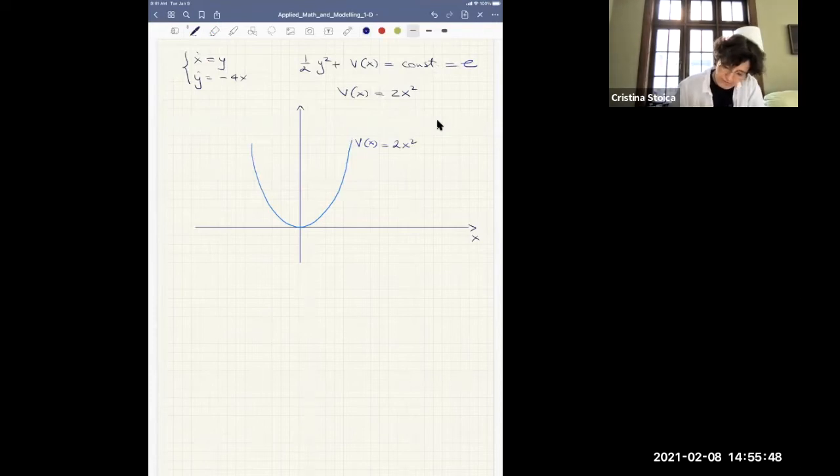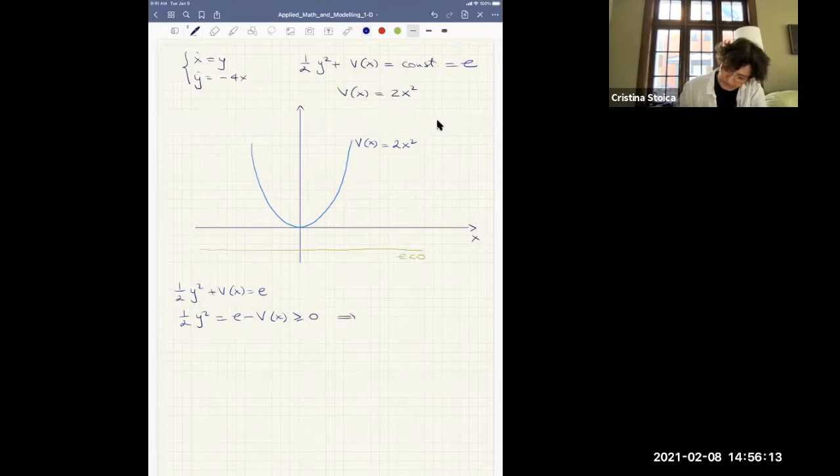So let's say what I mean. If I take a level of energy that is here, nothing happens. You'll say, how do you know this? Let's recall what we did last time, right? We had 1/2 y squared plus V of x equals E. So 1/2 y squared is E minus V of x, and this better be positive.